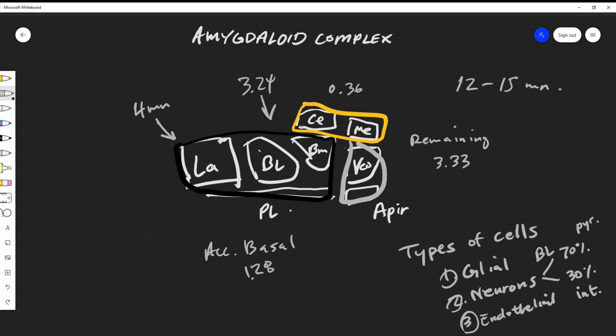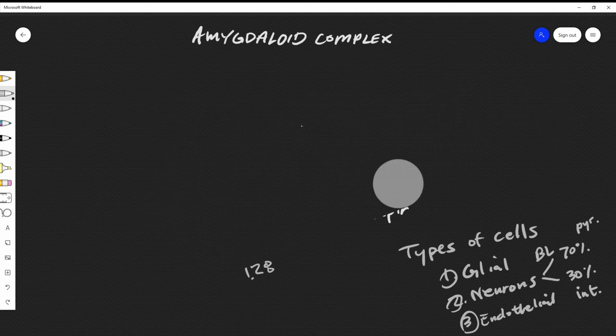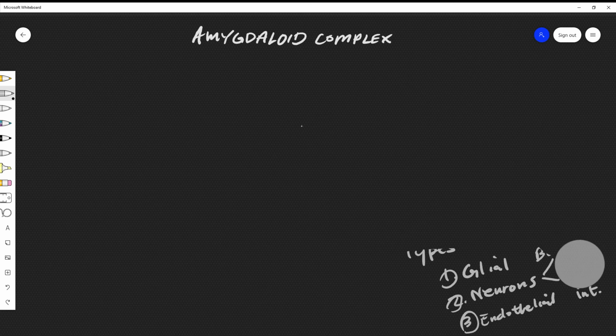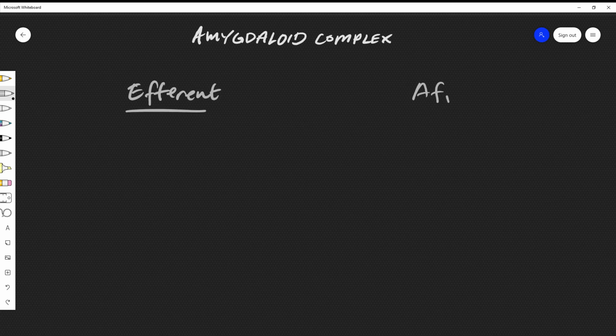Okay, and now all we have left to talk about are the pathways. So just give me a second to erase all of this. All right. And so we will be dividing these into efferent and afferent pathways.